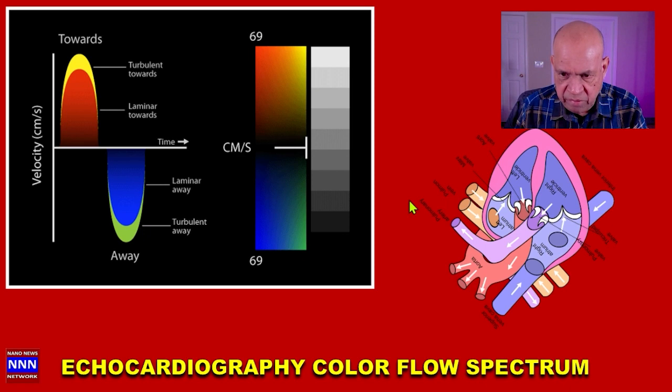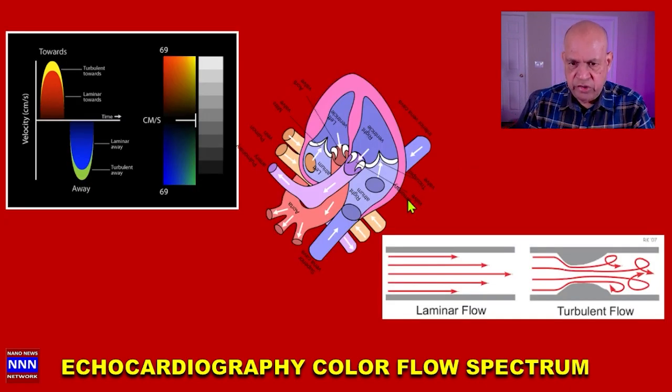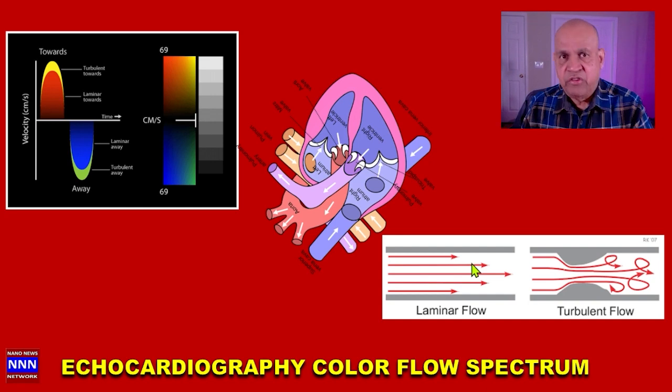To explain this in a better way, here's a chart showing a normal aortic valve, where we have a laminar flow because there's no disturbance to the flow of blood.